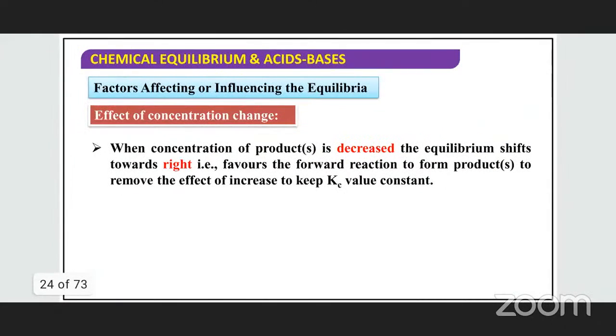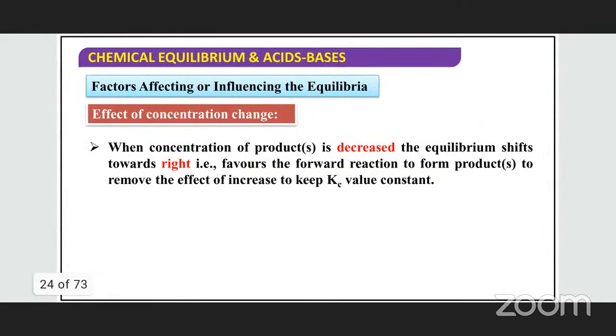The next effect of concentration change, decrease in concentration. When the concentration of product is decreased, the equilibrium shifts toward the right side, favoring the forward reaction. Decreasing the concentration of reactants in the reaction mixture at equilibrium favors the backward reaction.